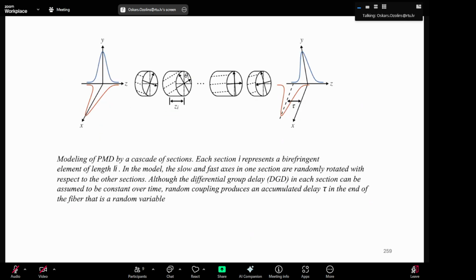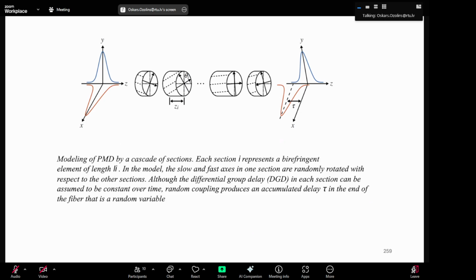Right, then there are other effects like polarization mode dispersion. So what happens when you have two orthogonal polarizations? And the problem is that fiber is not really regular in the sense that it's birefringent depending on different lengths, and that relates to how fiber is manufactured.